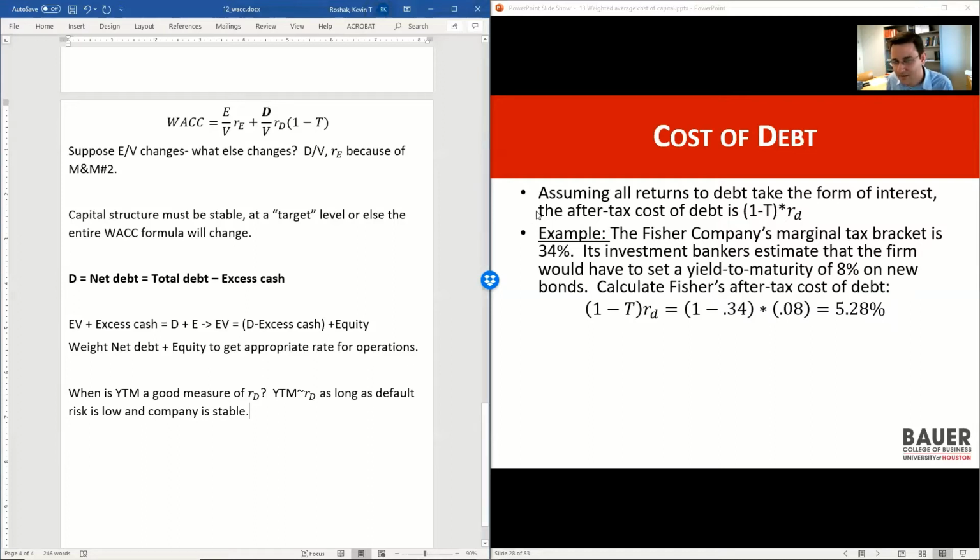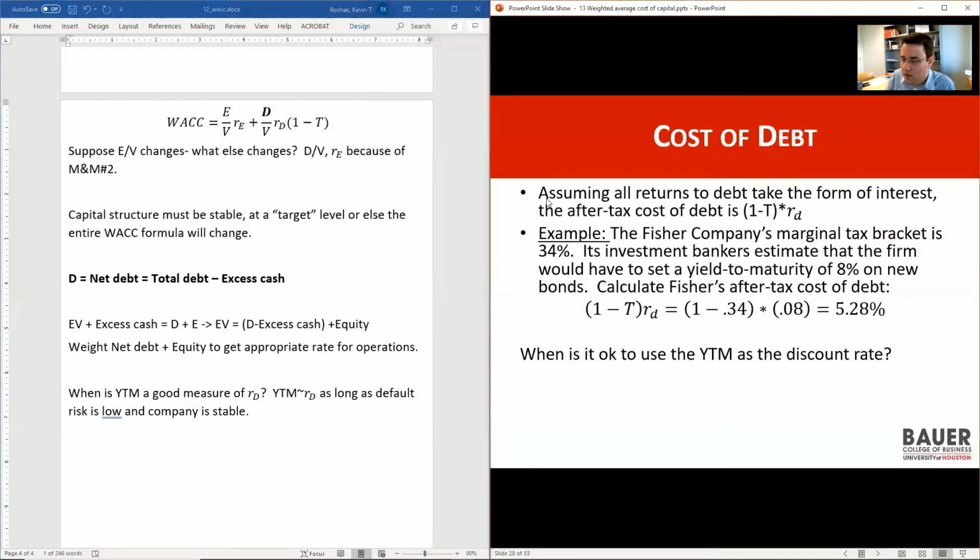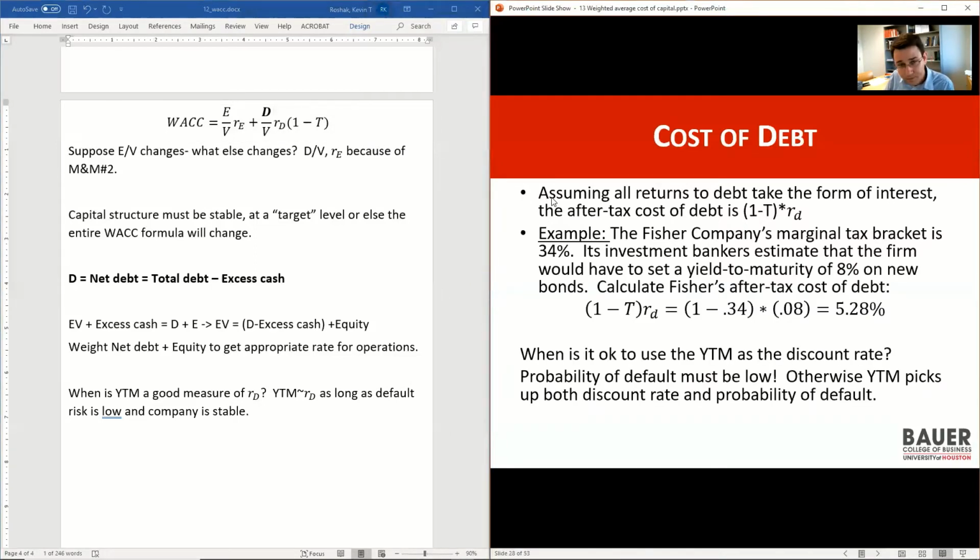As long as the company doesn't have a high probability of default, then the yield to maturity is going to be a good estimate of your cost of debt. If you've got a junk bond with a high probability of default, then that's not going to be true. But as long as the company's pretty stable, then it's going to be fine. And that's what we'll use for the discount rate on debt, the yield to maturity.